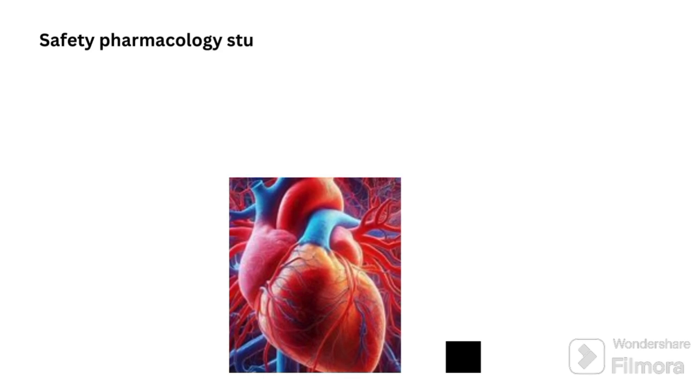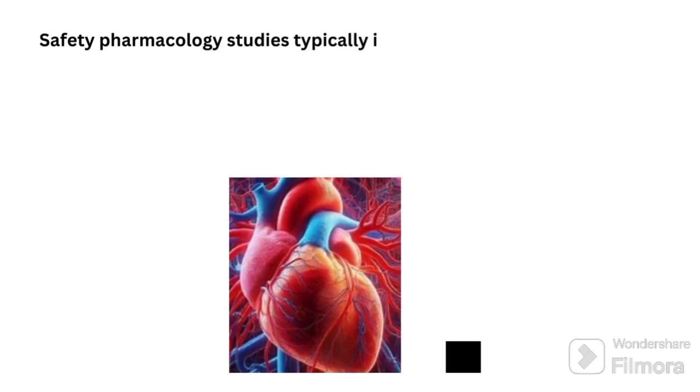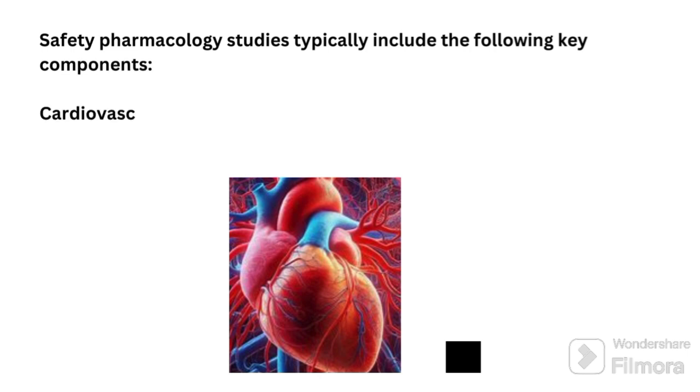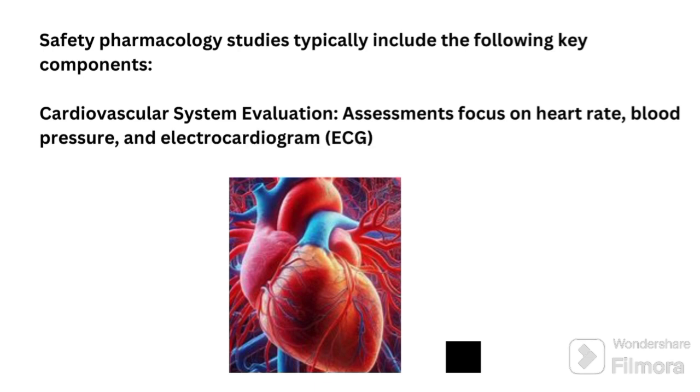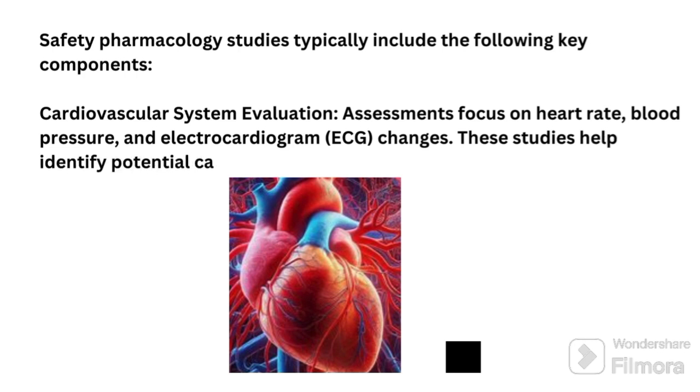The pharmacological studies involve the effect of the drug on various parts or systems of the body. Safety pharmacology studies typically include the following key components. First, how it is going to affect the cardiovascular system, that is cardiovascular system evaluation. Assessments are done on heart rate, blood pressure, and electrocardiogram ranges.